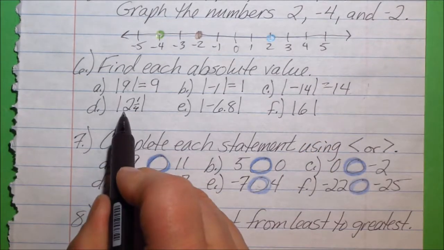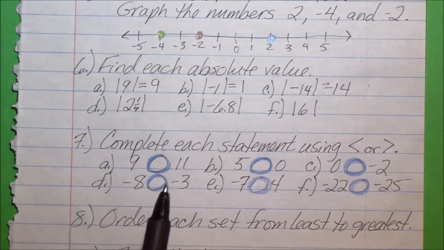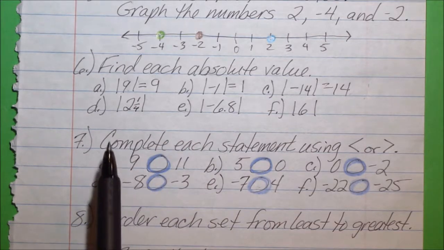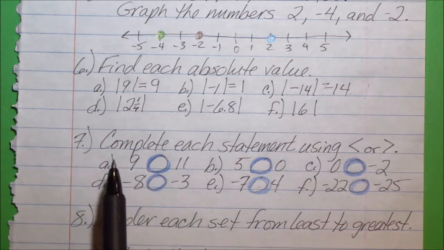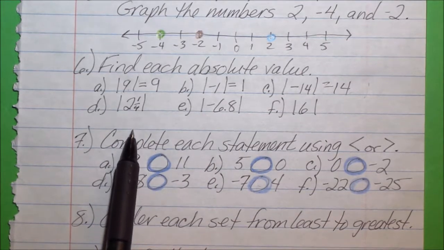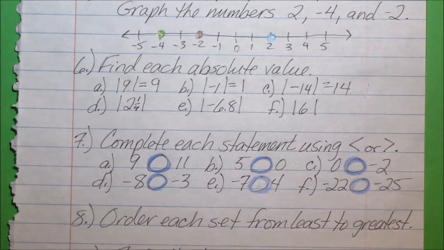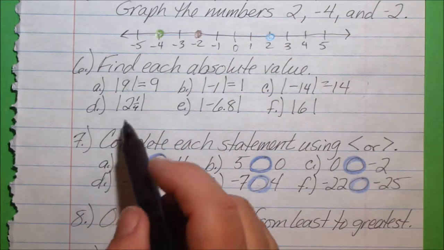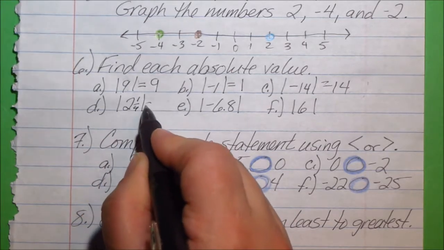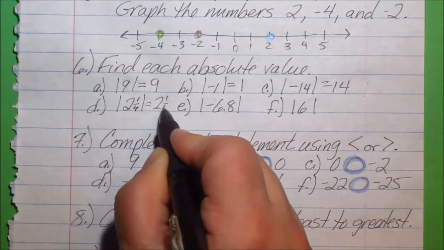Okay? The absolute value of 2, and I should point out, we've been talking about integers and how integers are whole numbers. When we're talking about absolute values or number lines in general, it doesn't have to be whole numbers. Any number that can be graphed on a number line is a number. It's not an integer, but absolute value doesn't apply to just integers. So absolute value of 2 1/4 is 2 1/4.